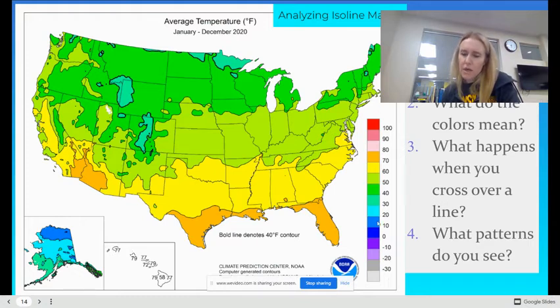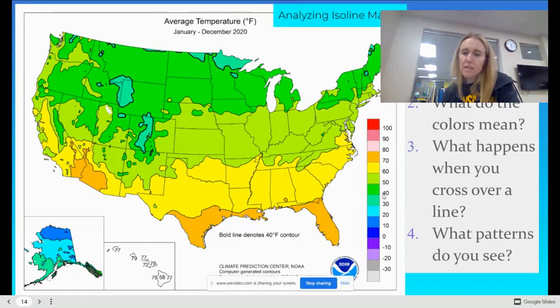The colors over here represent the Fahrenheit degrees. So if you had a red region, that would mean the average temperature of this particular region within that year was over 100 degrees. Now, we don't see any red on this map, so there's no regions in the United States where on average they're 100 degrees. However, we do see, for example, this green right here.